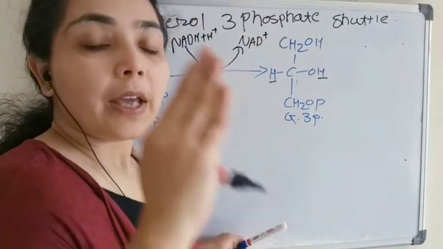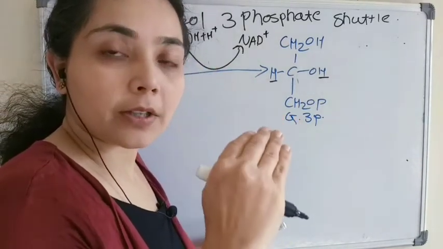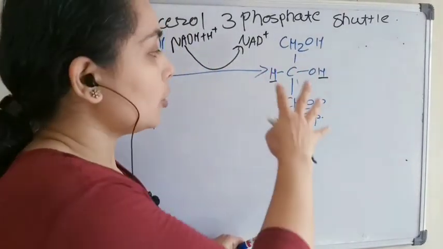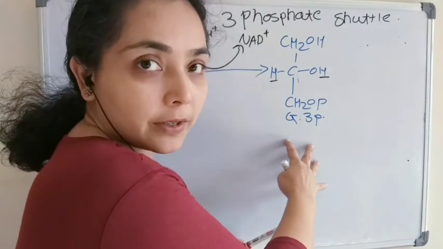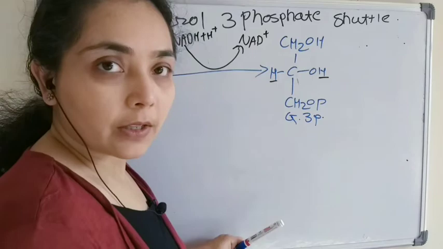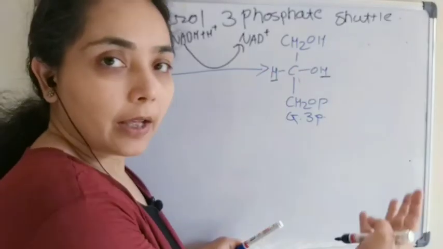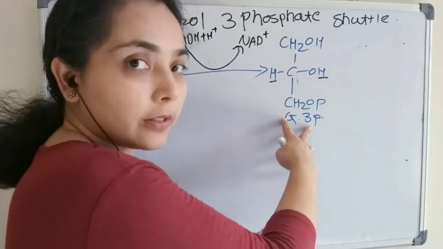That means NADH will donate its high energy electron along with the proton to glycerol 3-phosphate. Okay, NADH cannot transfer now, so that's why it will transfer its electron and proton to glycerol 3-phosphate.